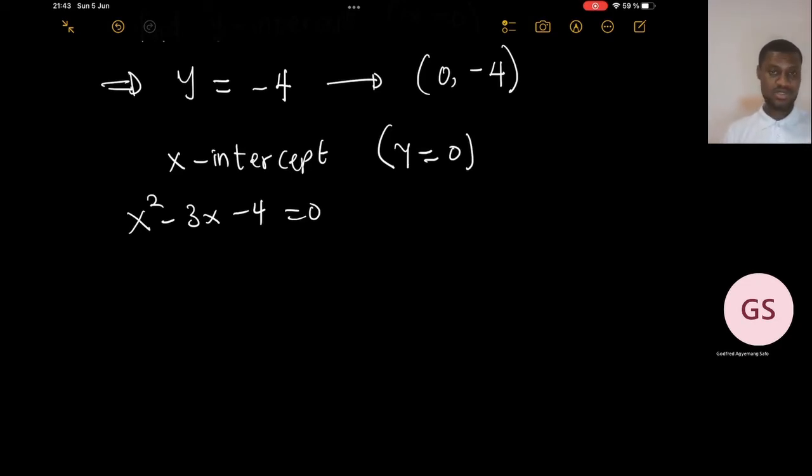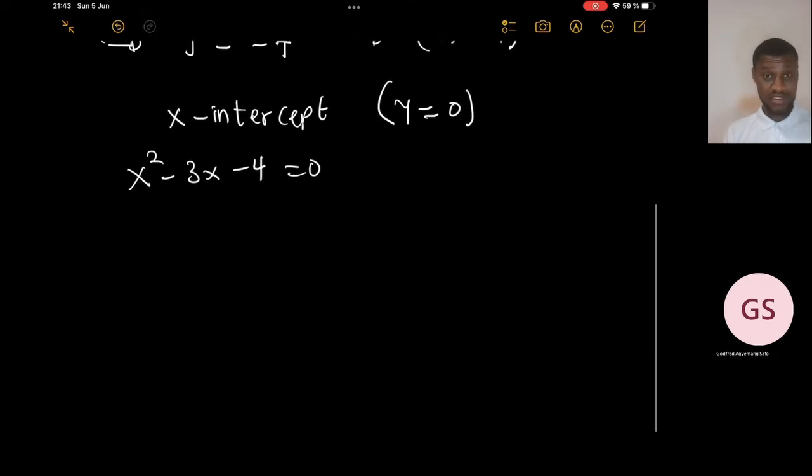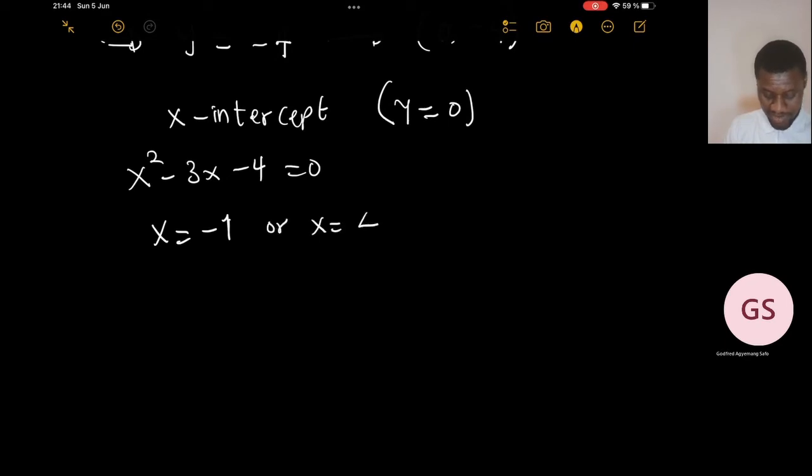Okay, so solving this by any of the three methods, we have that x is equal to minus 1, and x is equal to 4. So it means the curve cuts the x-axis at the points minus 1 and 4.